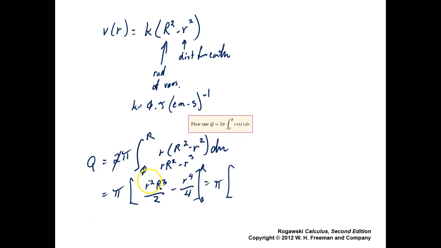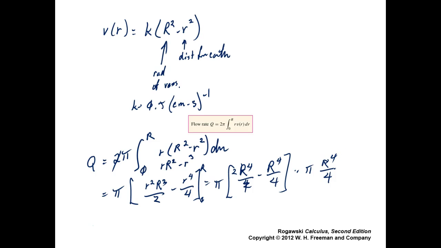This is what you're plugging in for your little r. So what would that be? Capital R fourth over 2 minus capital R fourth over 4. And 2/4 is 1/2, so this would be pi times r fourth over 4.